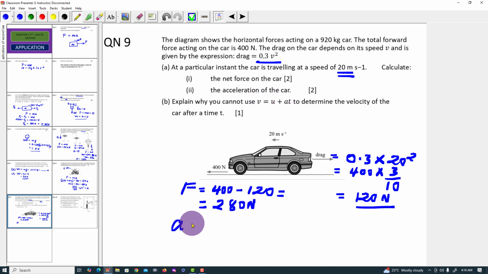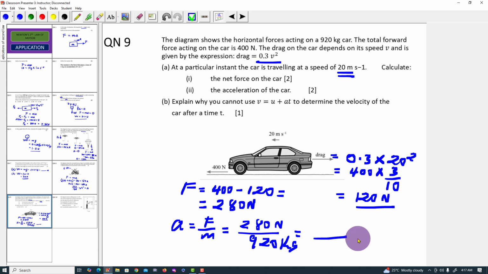The acceleration of the car is given by the resultant force, that is the net force, divided by the mass of the car. And we have seen that the net force is 280 newtons, divided by the mass of the car, which is 920 kilograms. And you can be able to work out that acceleration of the car.